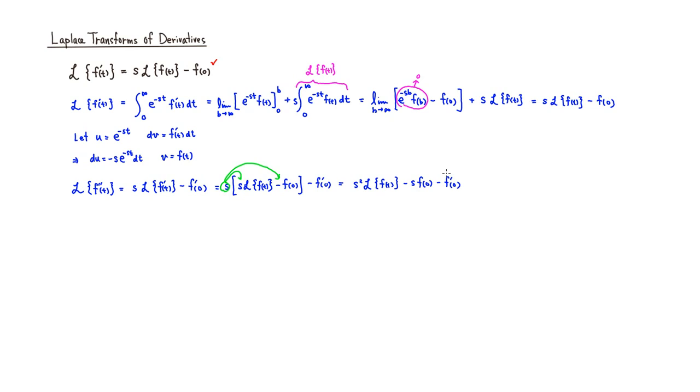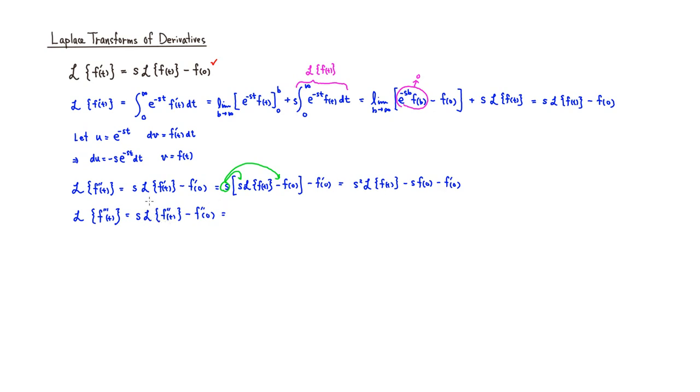Let's look at the third derivative. We have the Laplace transform of the third derivative, f triple prime of t. We can just keep on doing the same thing. This is going to be s times the Laplace transform of one less derivative, f double prime of t, and then you subtract f double prime of 0. Then we can plug in the previous result.